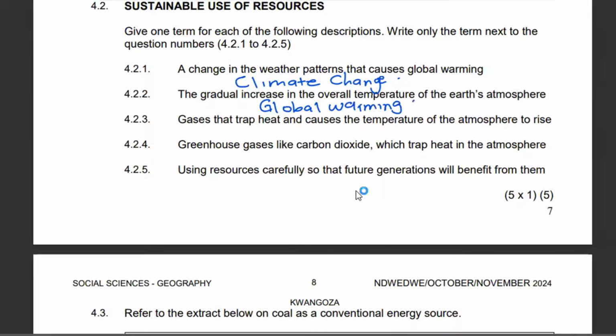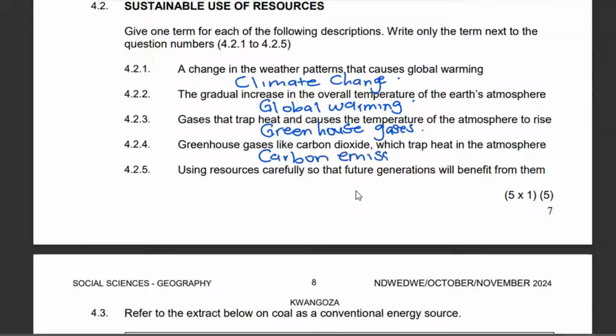Gases that trap heat and cause the temperature of the atmosphere to rise are called greenhouse gases. Gases like carbon dioxide, which trap heat in the atmosphere, are called carbon emissions.